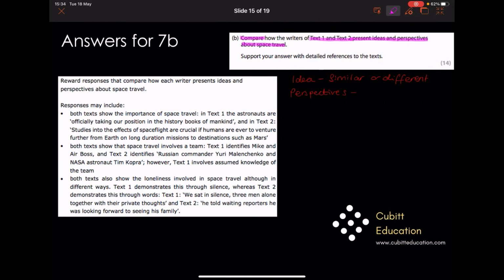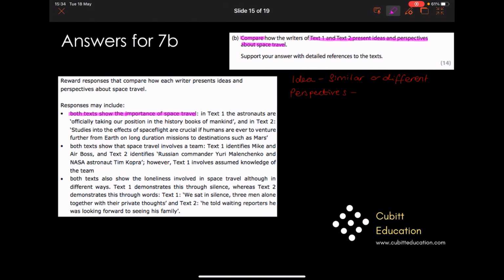So the first example discusses both texts and the importance of space travel. Both texts show the importance of space travel. In text 1, the astronauts are officially taking a position in the history books of mankind. And in text 2, studies into the effects of spaceflight are crucial if humans are ever to venture further from Earth on long-duration missions to destinations such as Mars.